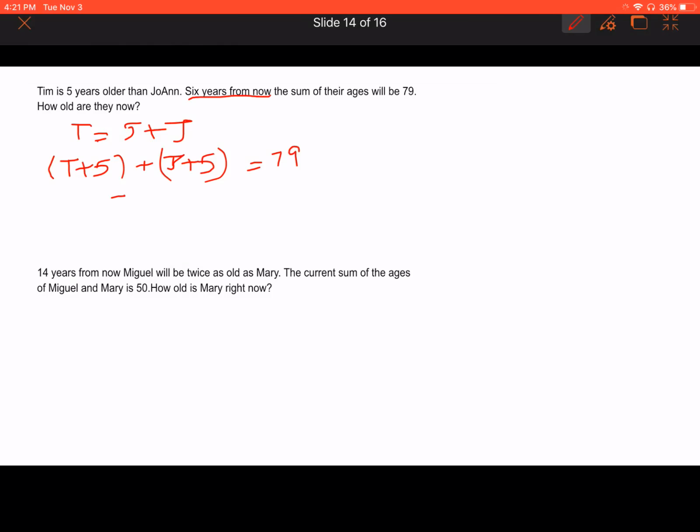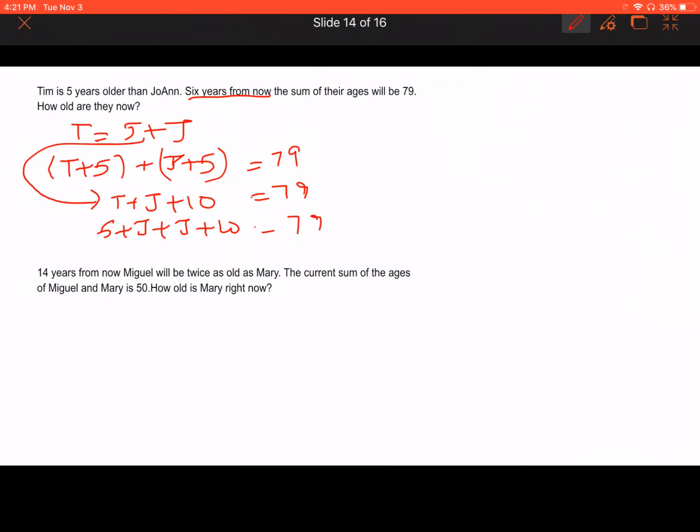So it is going to be t plus j plus 12 equals 79. Substitute the value of t here. So it is 5 plus j plus 12 is equal to 79. So j equals 10.